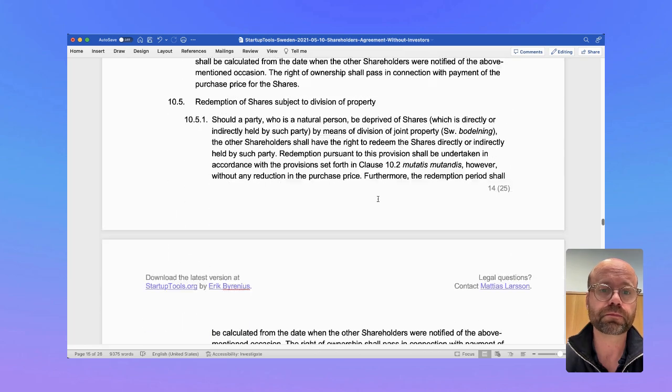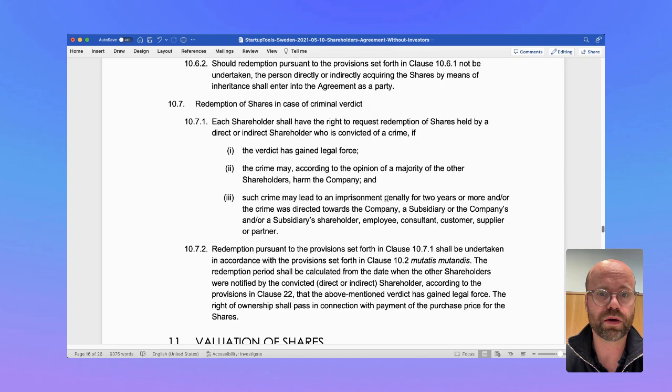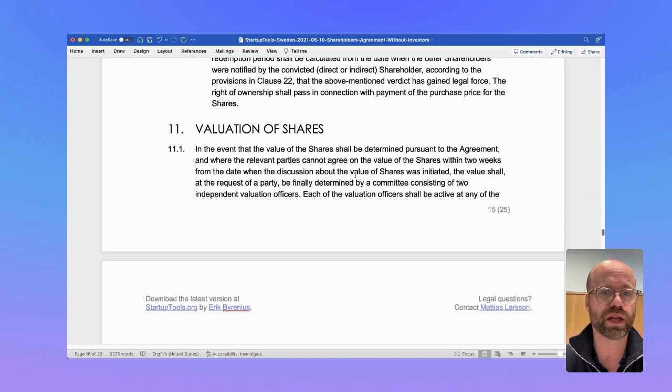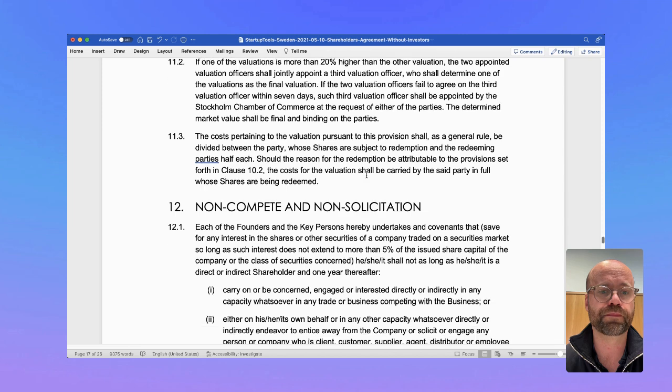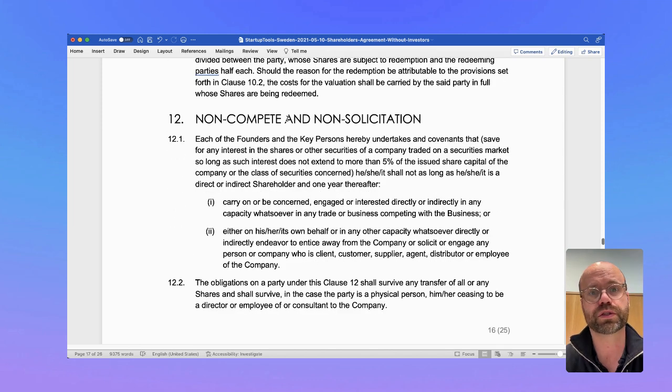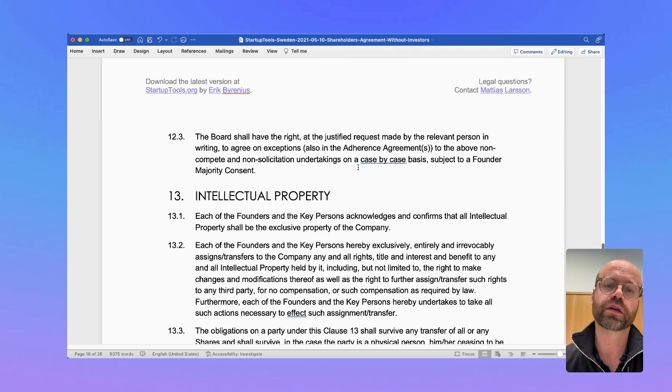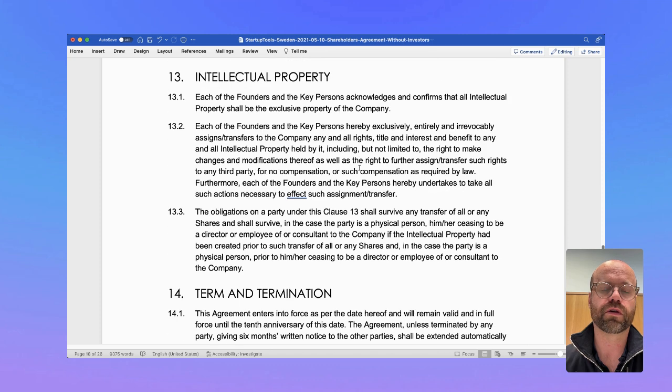And further down here, there are things like valuation of shares and non-compete clauses saying that you, as a shareholder, cannot compete in any way with this company. You cannot take key employees out of the company, etc. Then shares might be redeemed, or there are clauses around the intellectual property in the company.